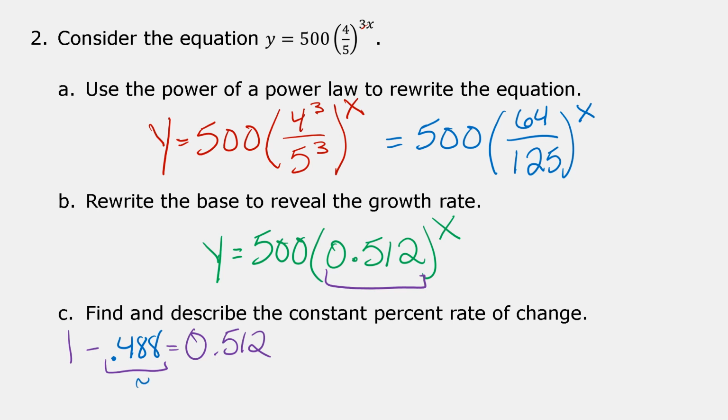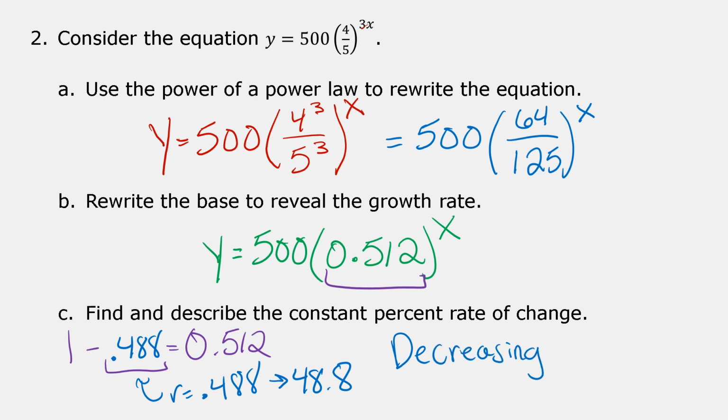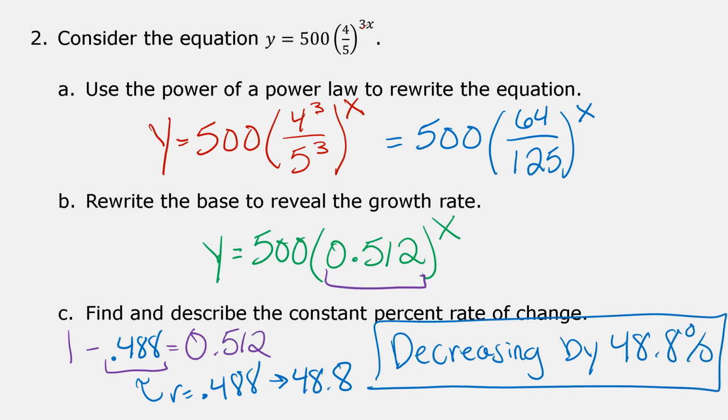So that's our R. So our R is 0.488. But we're going to write it as a percentage. How would I write that as a percent? 48.8. So for our answer, we are decreasing by 48.8%. Because this time we're subtracting, so we are not increasing, we're decreasing.